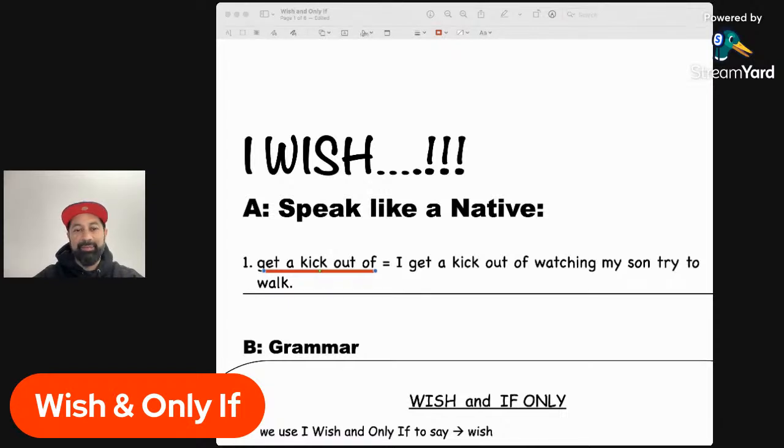The example sentence says, I get a kick out of watching my son try to walk.